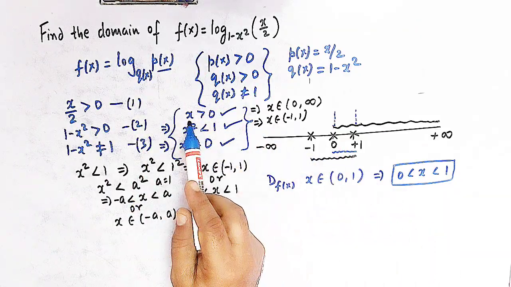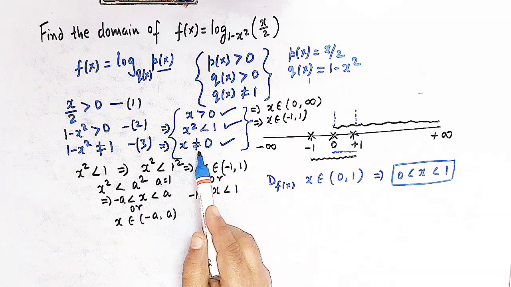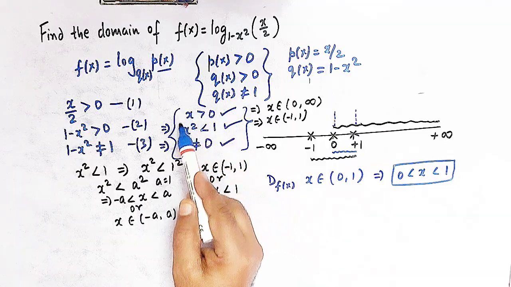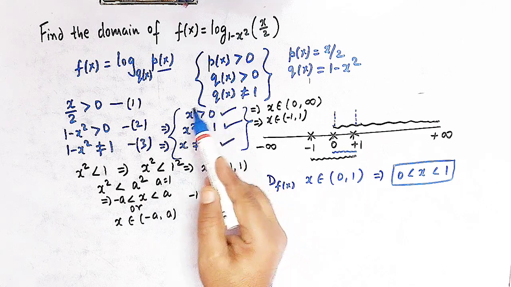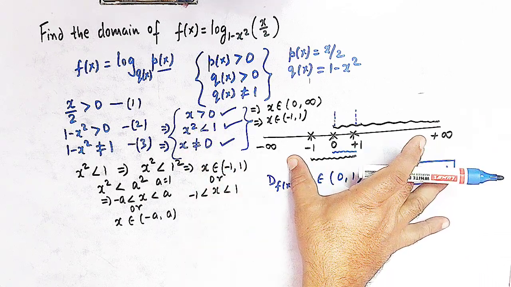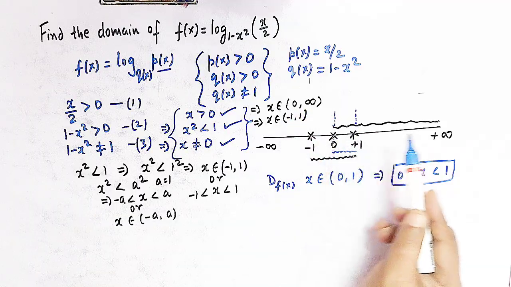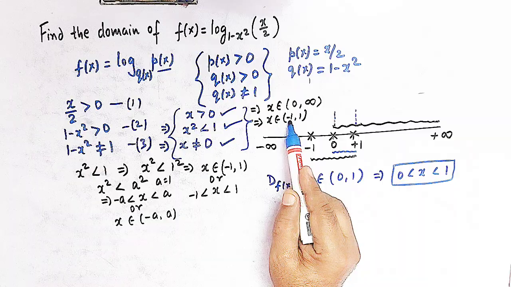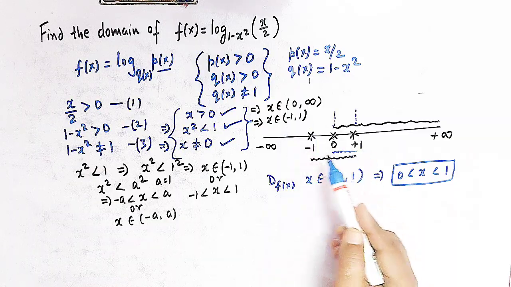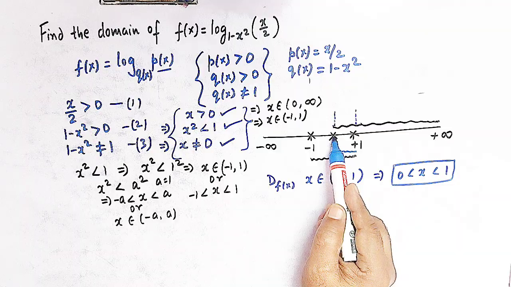And remember, here we have x greater than 0, x square less than 1, and x not equal to 0. When we represented these constraints on the real number line, we have 0 to infinity, then x belonging to the interval minus 1 to 1, and x not equal to 0.